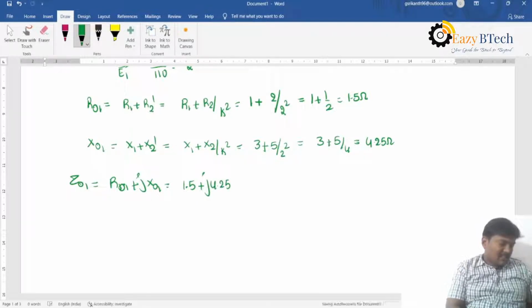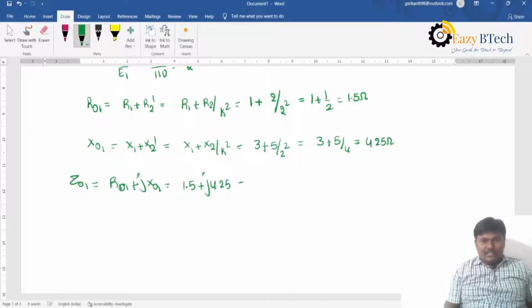So apply this. What is the magnitude of this? That means 1.5 square plus 4.25 square, then you can apply the root. Finally I got it as 4.5 ohms. This is the magnitude of Z01.